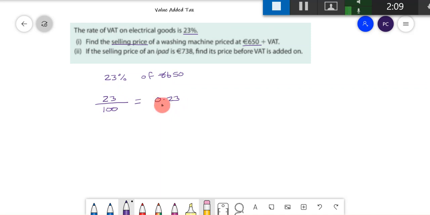Now, to get 0.23 of this amount, we just multiply it by this amount. So 23% of 650 is going to be equal to 0.23 multiplied by 650.